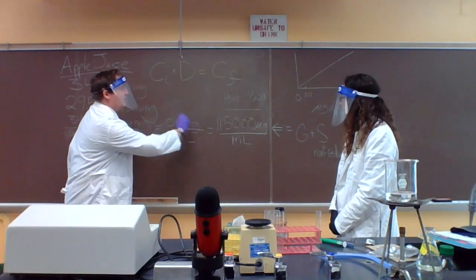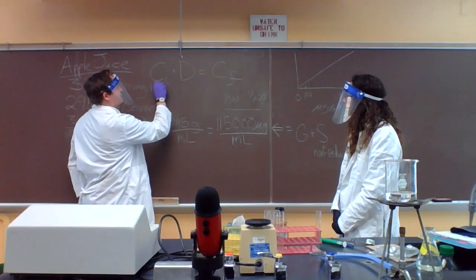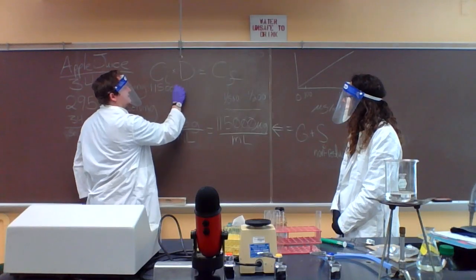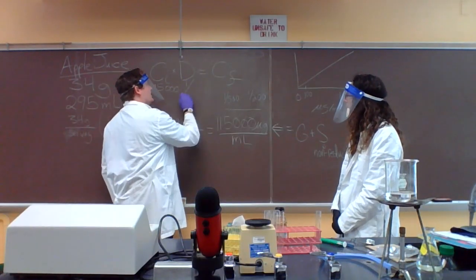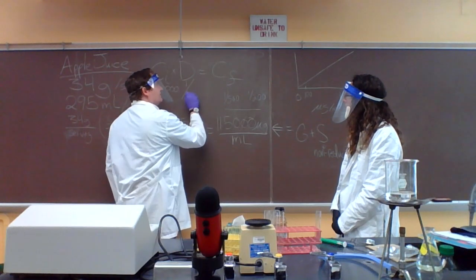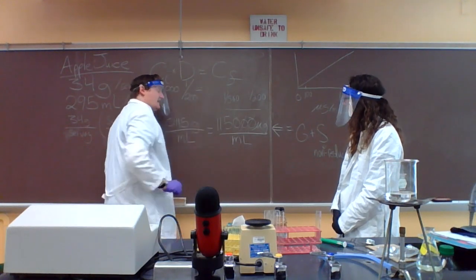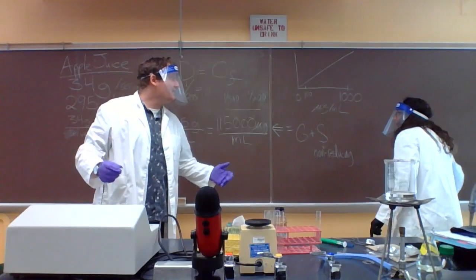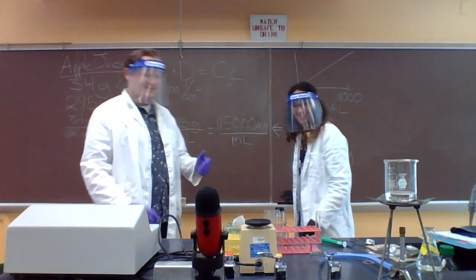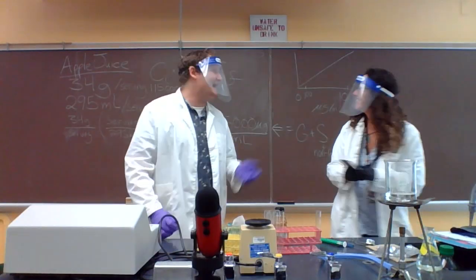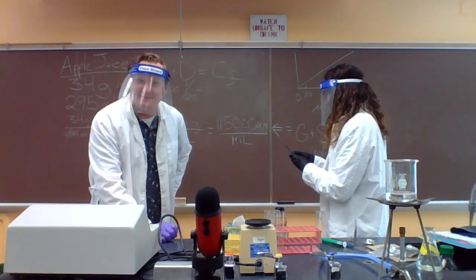You take 115,000 for our initial concentration, a dilution factor of 1 in 200, giving us a final concentration of a number that I do not have prepared. So let's go ahead and quickly have Bridget calculate that for me here.